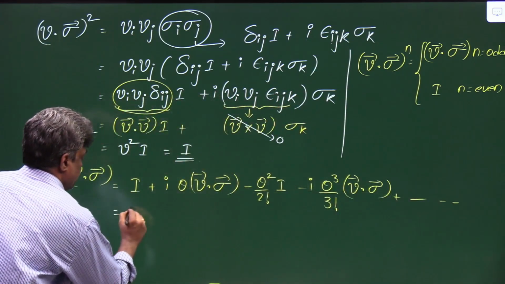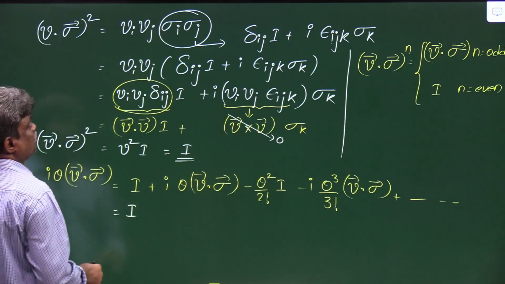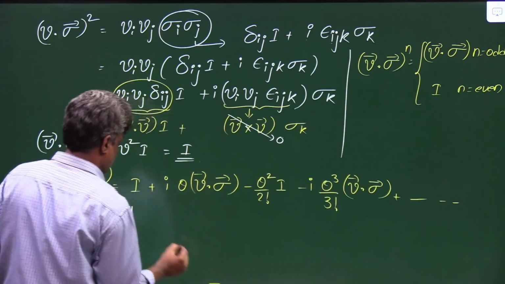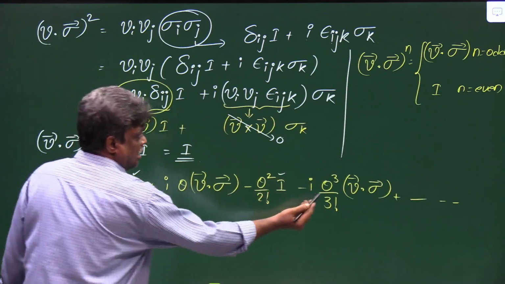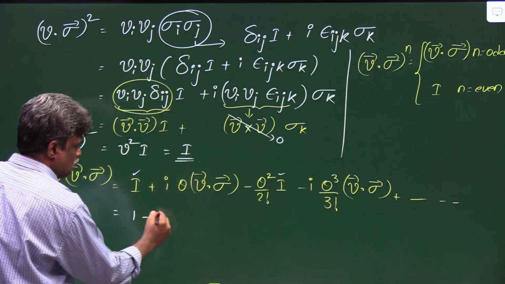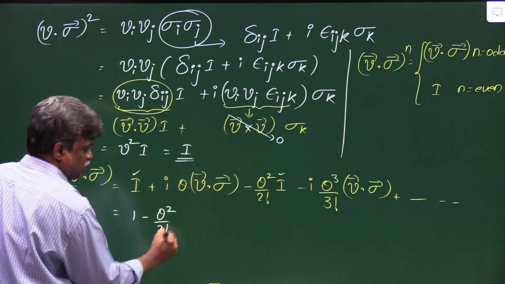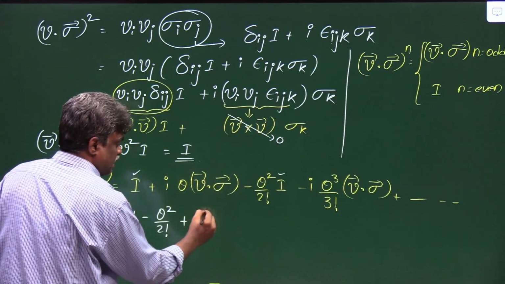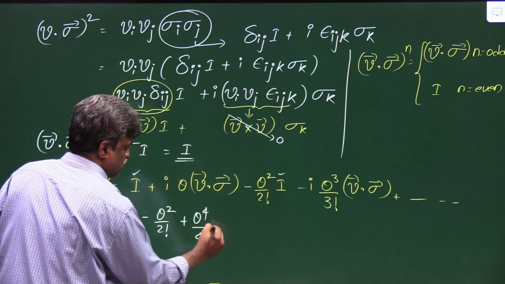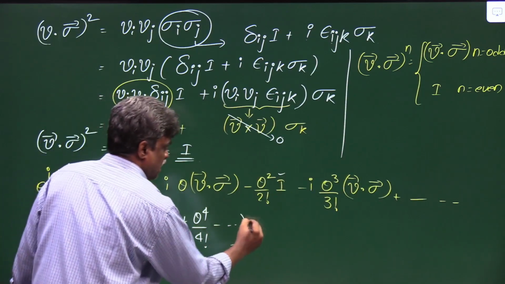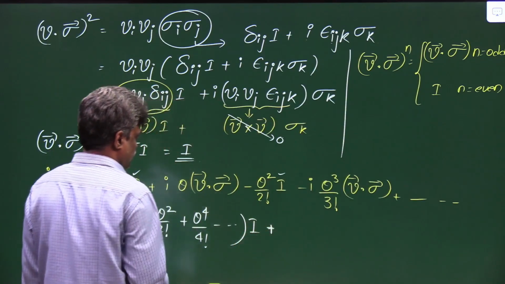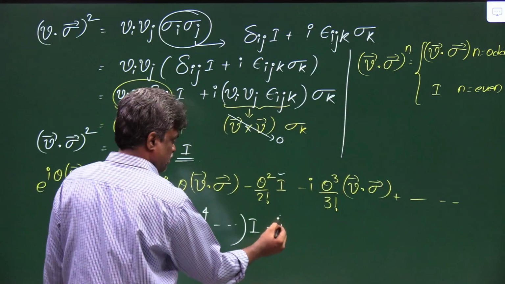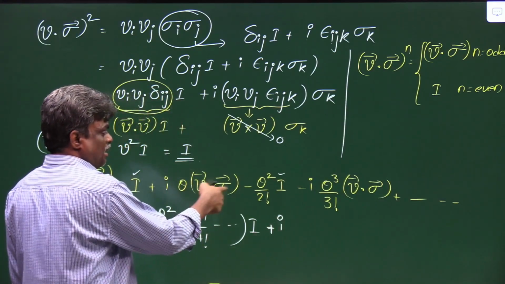Now here what I am doing is just taking common I, identity. Then what you will get: if you take I common, 1 minus theta square by 2 factorial. If you proceed further, it will be plus theta power 4 by 4 factorial, and so on, into I. And the next, I am taking common iota and v bar dot sigma bar also.